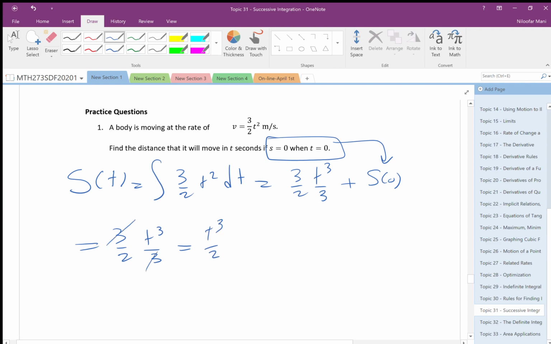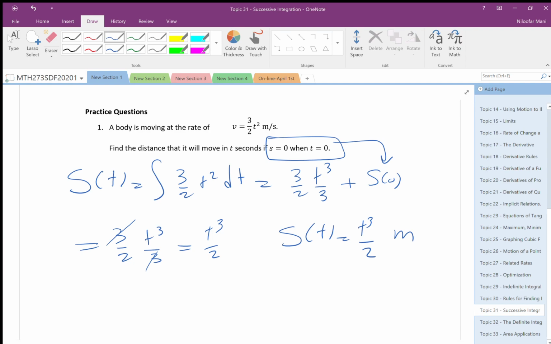Okay, so find the distance that it will move in t seconds. Yes, this is in t seconds. So this is the distance in t seconds, which is, what is the unit? Meter. Make sure to add the unit.